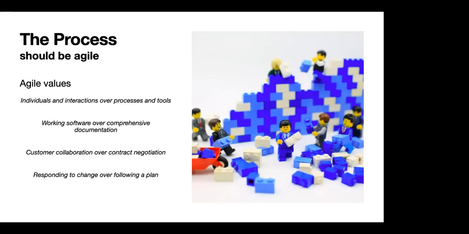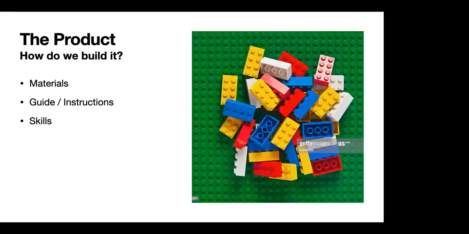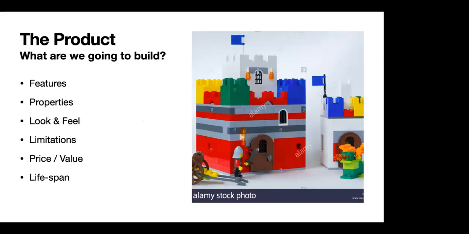Let's say we had a plan, and we need to change because something changed. Let's say, for example, we can't find particular parts to build something, right?